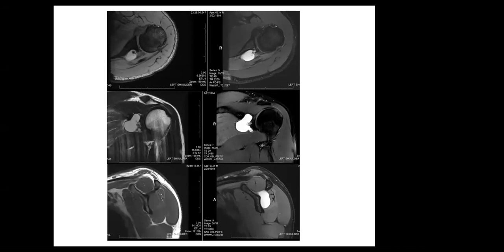There is a high signal intensity involving the supraspinatus tendon and muscle, maybe because of nerve compression on the supraspinatus nerve at the site of the spinoglenoid notch.